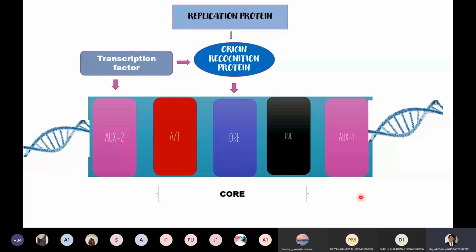In the multicellular eukaryotes, the DNA is very complex and very large. Due to the presence of large DNA, multiple origins are present in the eukaryotic DNA. That means the replication will start from different sites of the DNA. It will not start from only one site because multiple origins are present in the DNA.